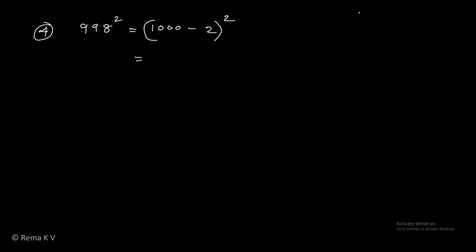So this equals, see, A minus B the whole square equals A square minus 2AB plus B square.